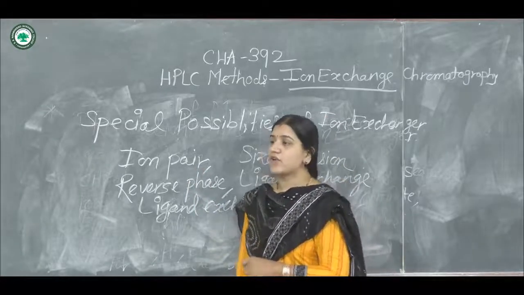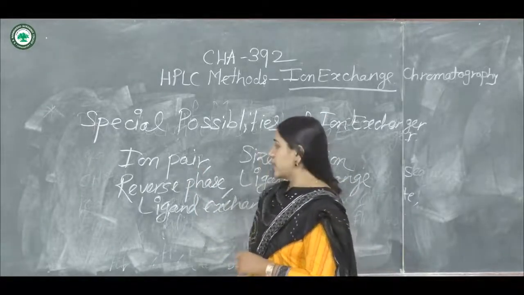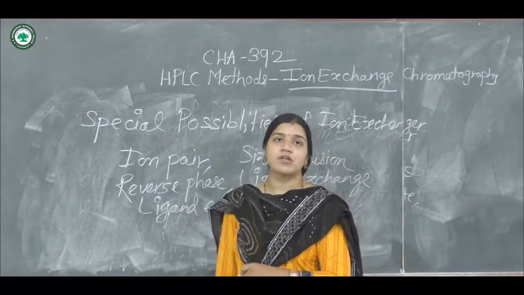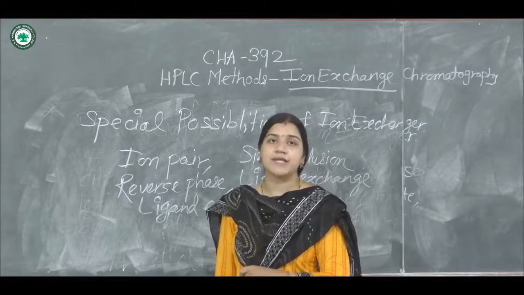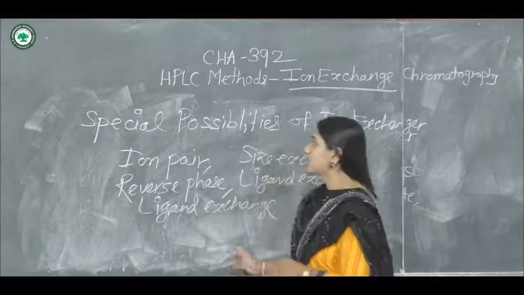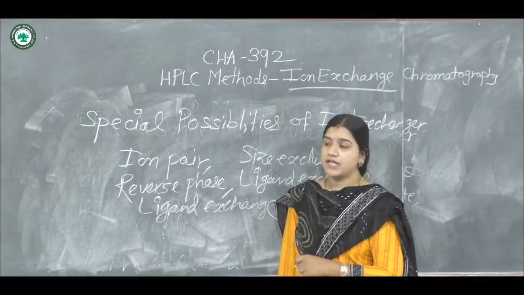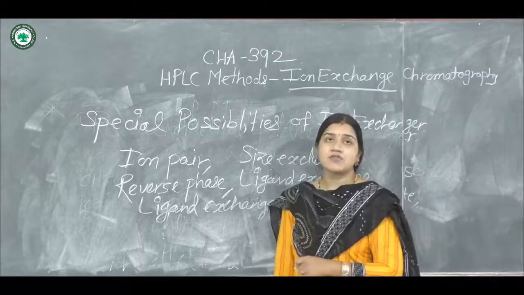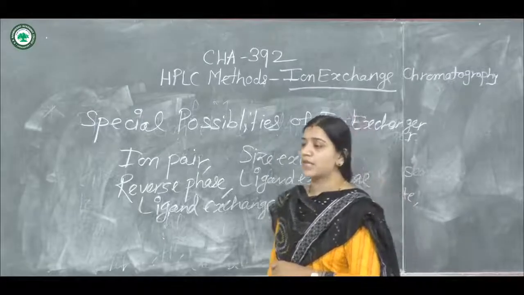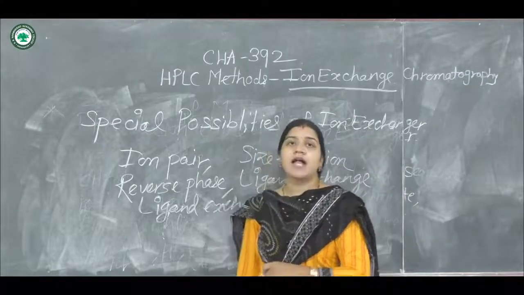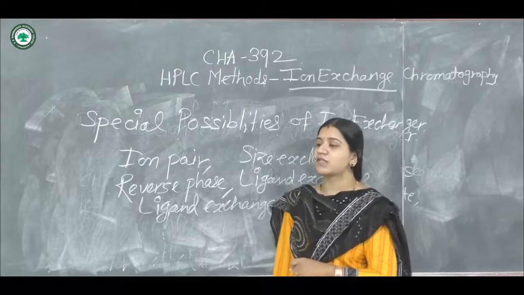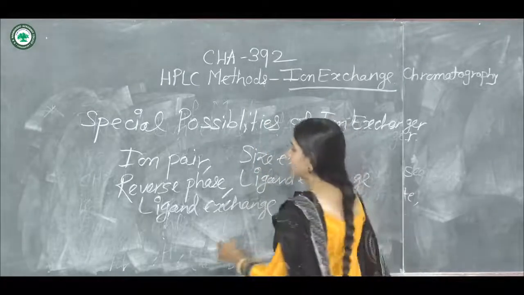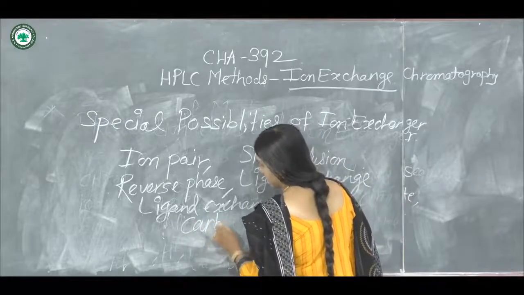For the analysis of certain compounds, sometimes reverse phase chromatography is used. Particularly for the analysis of organic acids, bases and carbohydrates, the special possibilities of the ion exchange chromatography are used. For the analysis of carbohydrates, you can make a complex with calcium, and by making the complex with calcium, the carbohydrates can be analyzed.